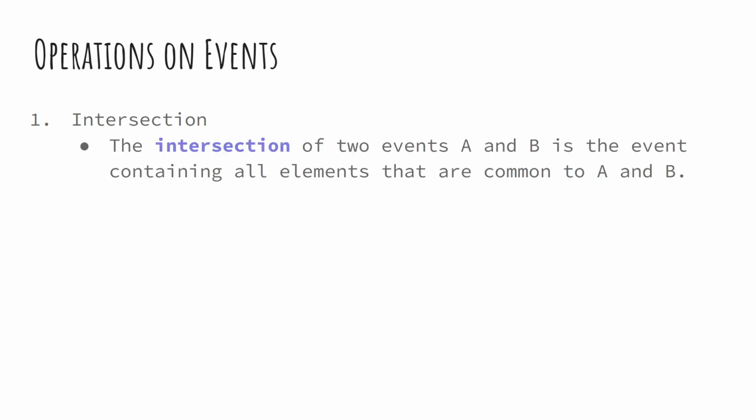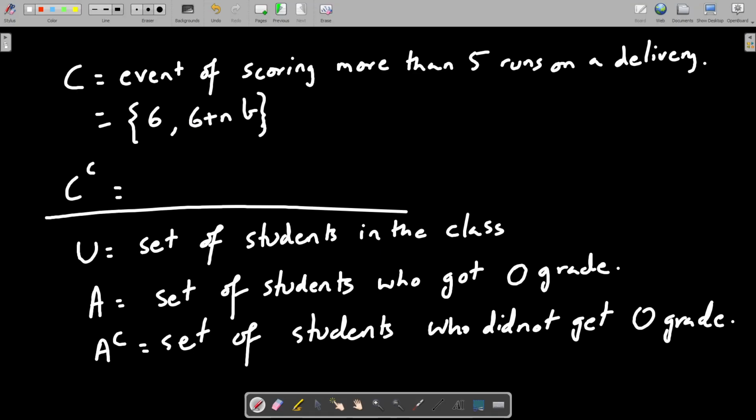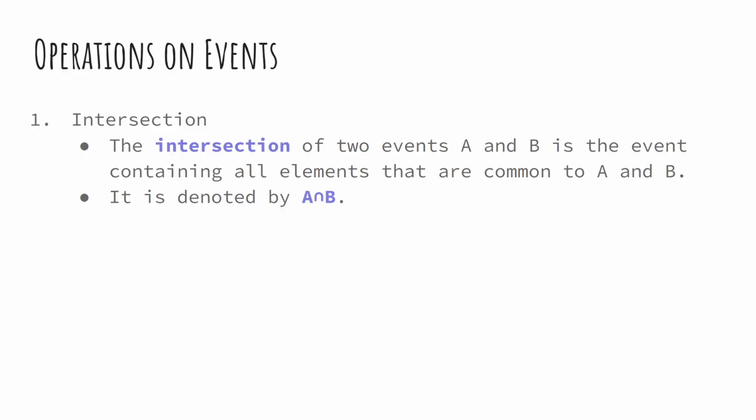The intersection of two events A and B is the event containing all elements that are common to A and B. So they should be lying in both the sets. It's denoted by A intersection B. Let us see some examples on this. While we're writing, write fast.